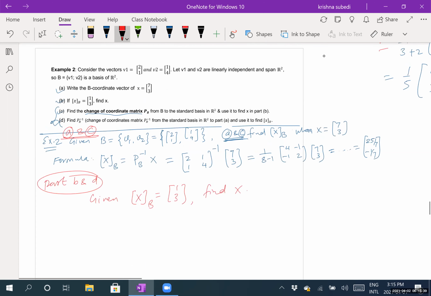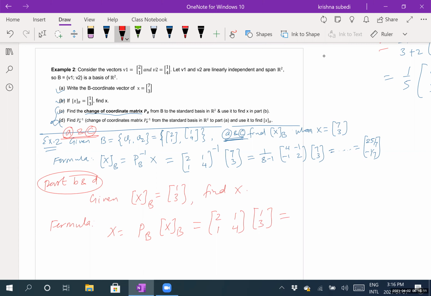So the formula is X equals PB, the change of coordinate matrix B, times the B coordinate of X. And we know that PB, the change of coordinate matrix, is made out of these two vectors, which is 2, 1, 1, 4, and xB is already given there, which is 1 and 3.